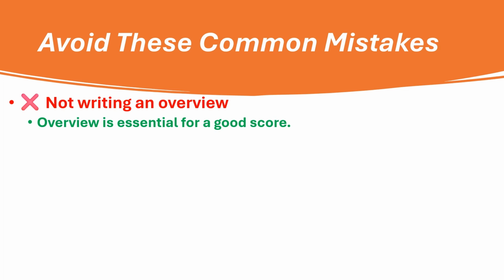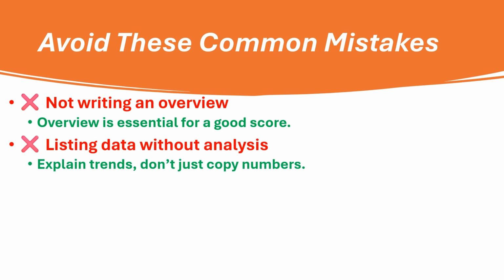Without it, your response lacks a clear focus. Another mistake is simply listing numbers without explaining what they mean. Don't just copy figures from the graph or table. Analyze the data. It's important to highlight key trends, comparisons, or significant changes instead of treating it like a list of numbers.